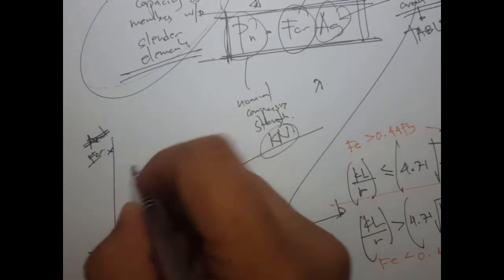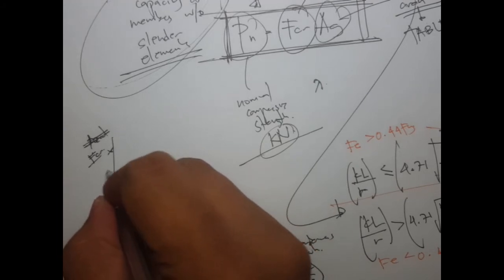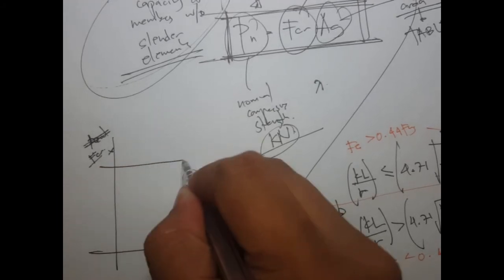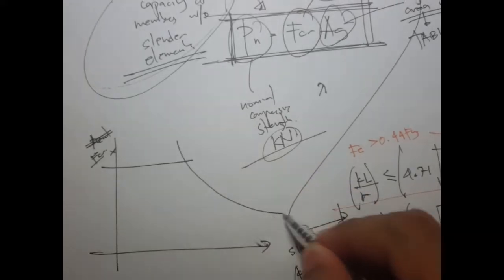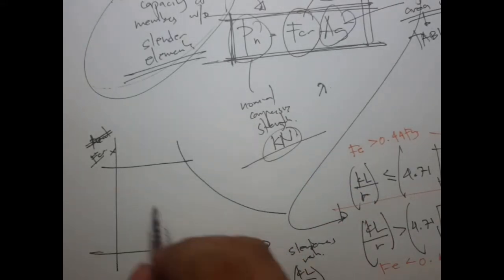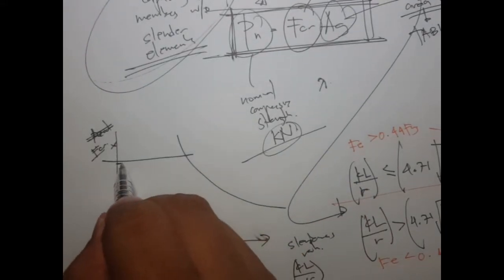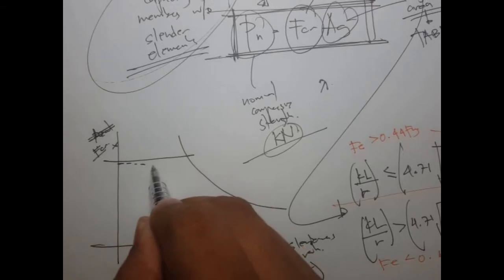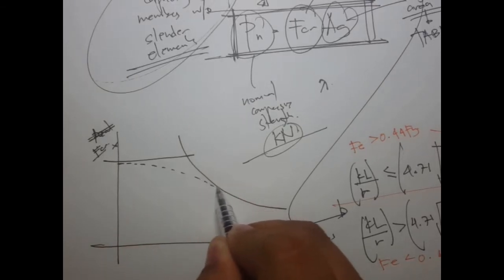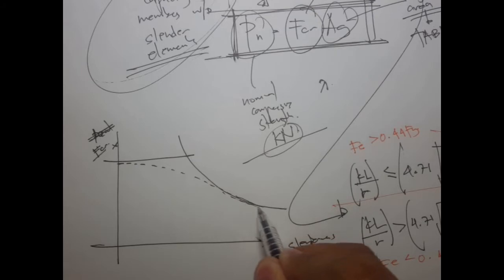Recall that we have this limiting value for yielding, and we have another value for the buckling, and the actual column curve, or the AISC curve, is something like this.